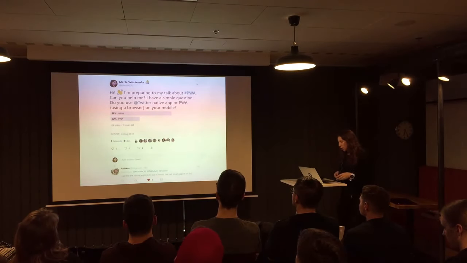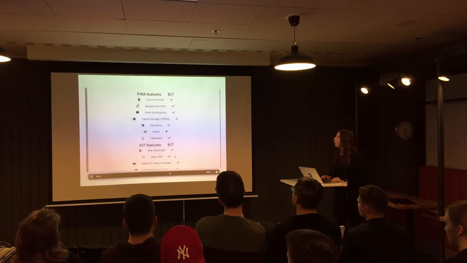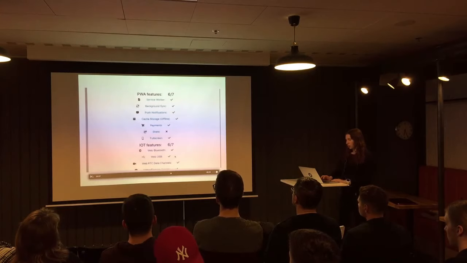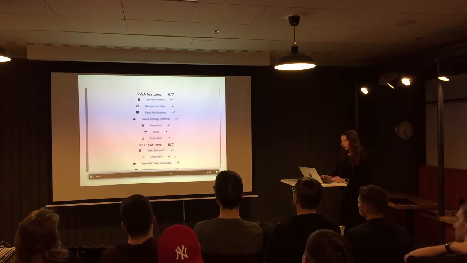And if you visit PWA Fire, you can find this tool. This tool allows you to test whether your browser supports PWA features. I think I ran it in Chrome. So there are a lot of features supported, like service worker, background synchronization, push notifications, cache storage, payments, and full screen. You can use the Share API.